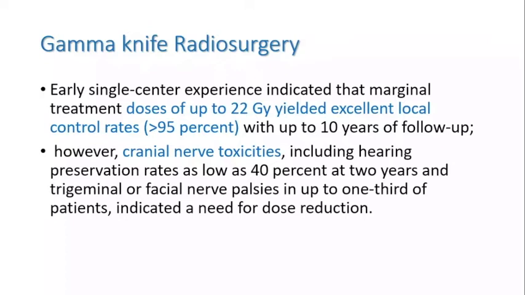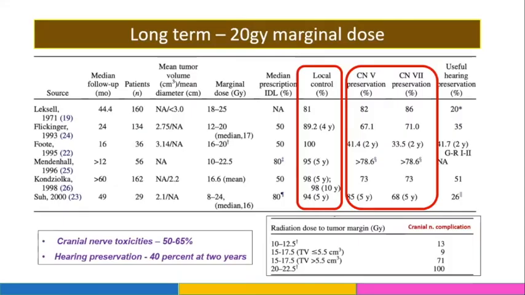And because of this low hearing preservation rate and fairly severe facial and trigeminal neuropathies in about 1/3 of the patients, the dose reduction took place, and this started somewhere around the 90s, and we now have several series which have shown that the hearing preservation rate as well as the facial and trigeminal neuropathy has considerably improved.